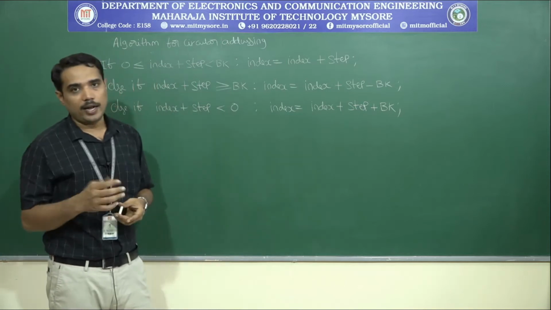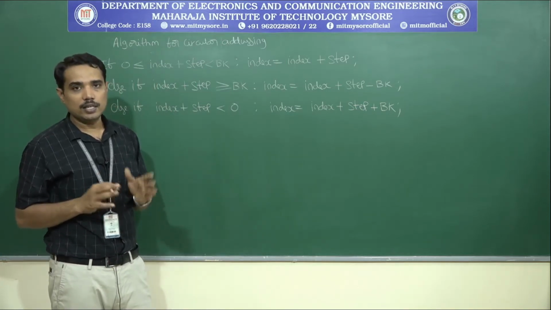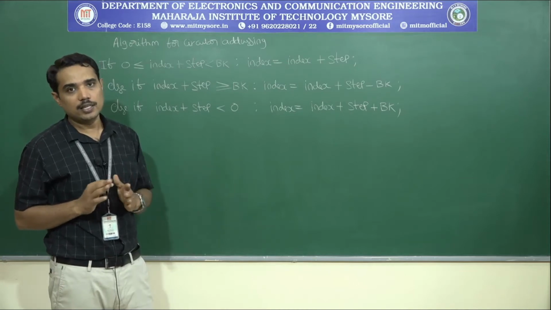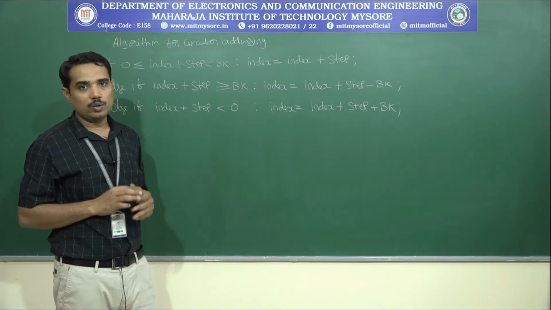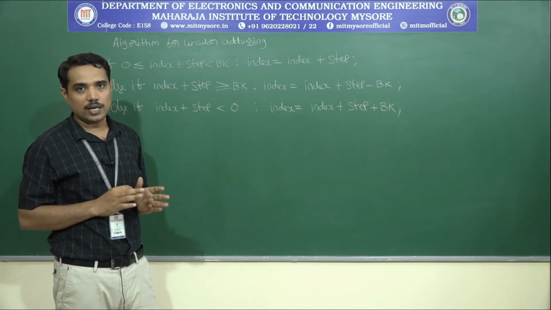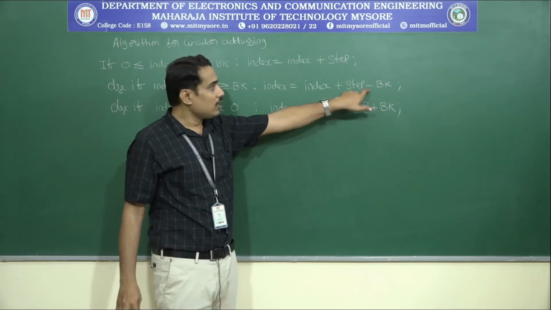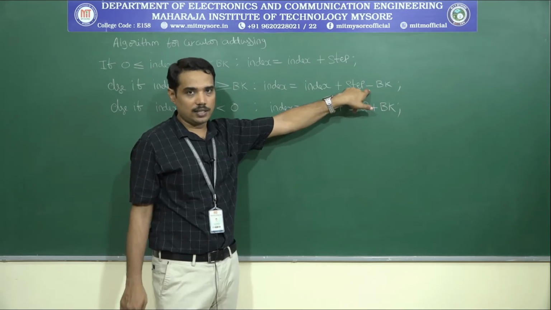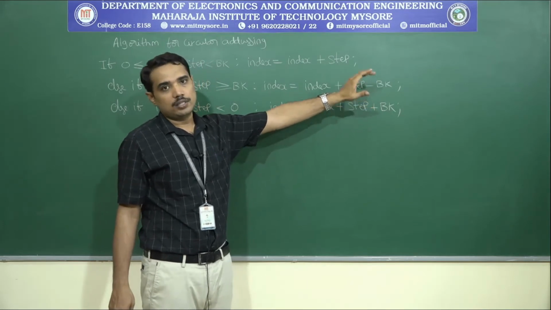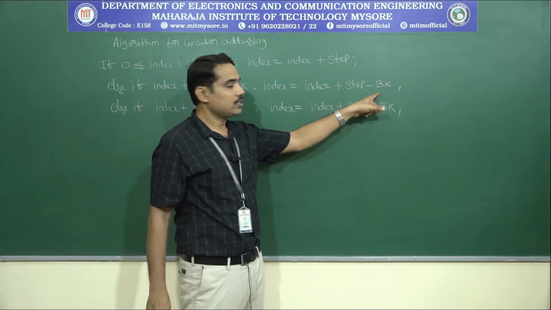We need to add so that it comes within the range, that is within SAR and EAR. Initially it was below SAR, so in order to bring it within the SAR and EAR, we add Bk. In the previous case, it was larger than the EAR, so in order to bring it within the SAR and EAR, we subtracted.